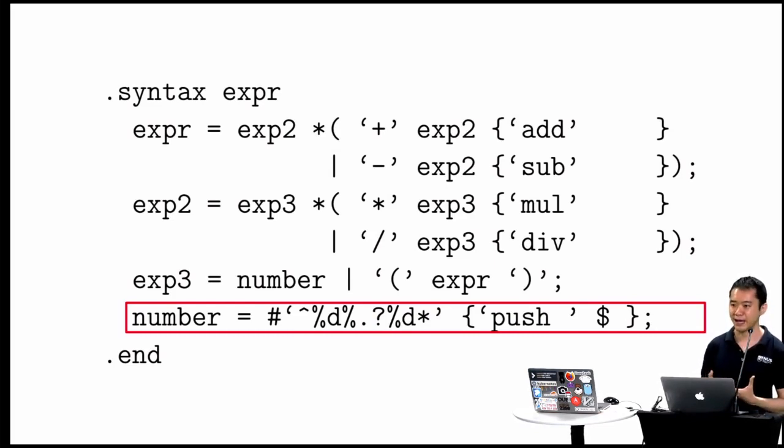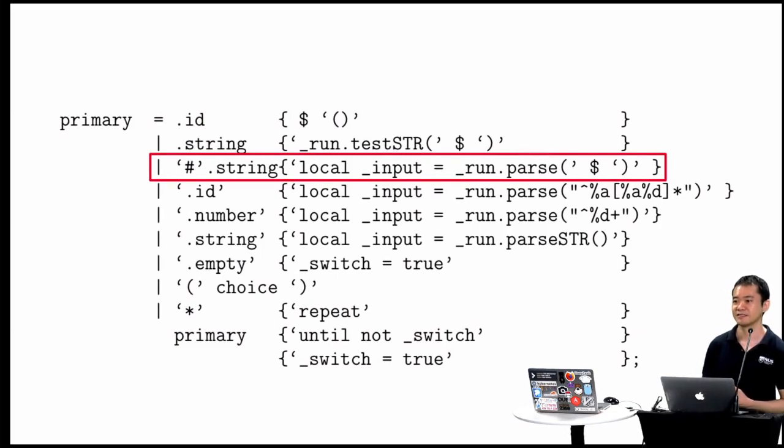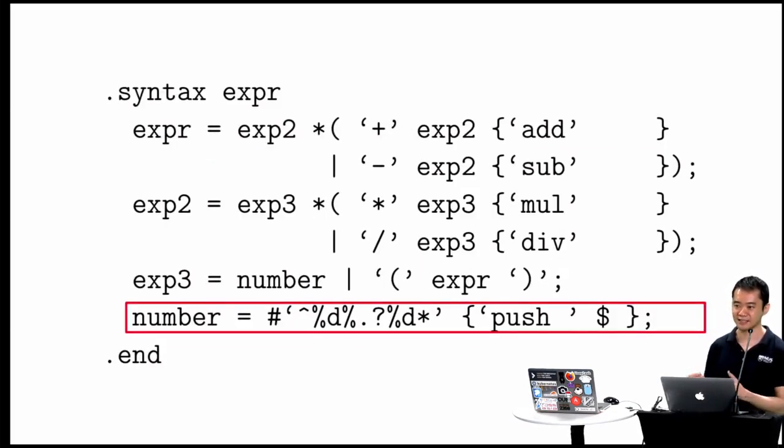This regular expression matches some digits followed by an optional dot followed by 0 or more digits, which is the regular expression for floating point numbers. So that's all we had to do. Essentially, we added one line to the metacompiler, and now we can use this hex string with the regular expression in all the new compilers you're going to build from now on.